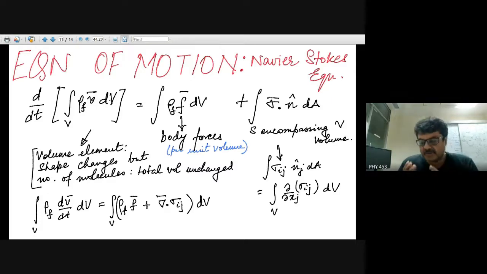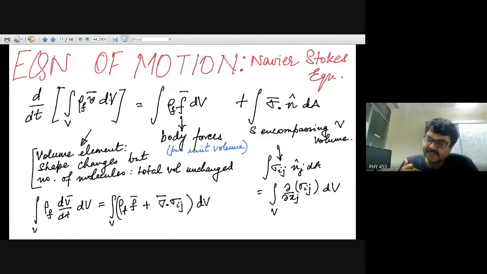You could look at a certain volume of fluid and keep looking at the same volume element, which is unchanging as a function of time, or you could look at a particular element as it is flowing around with the fluid.